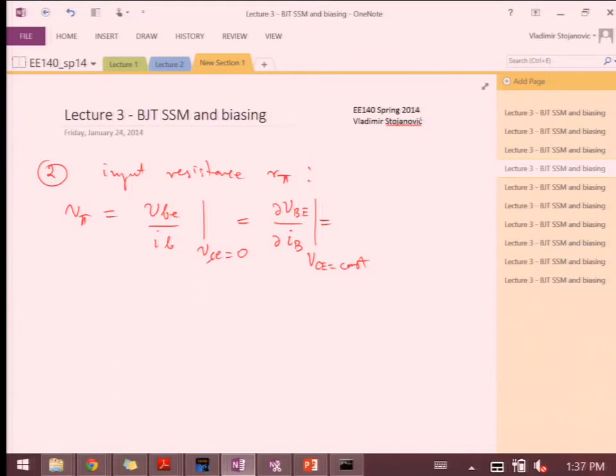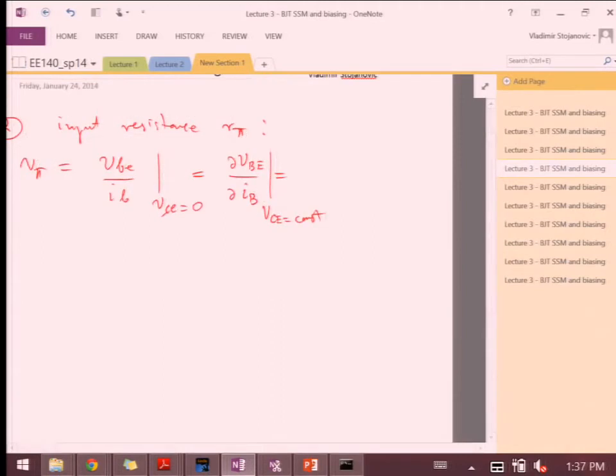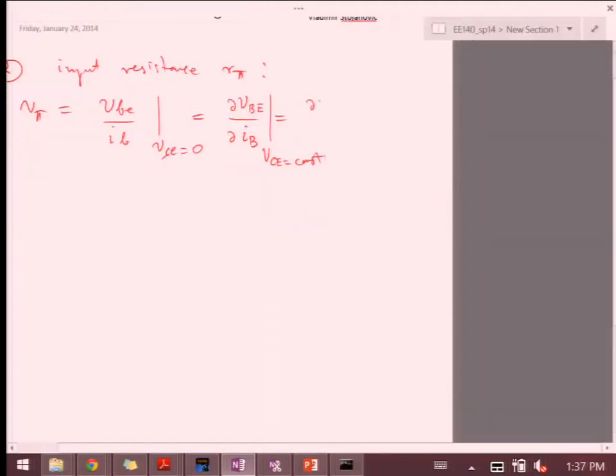Okay, so what this is going to end up being is delta VBE over IC over beta naught, and that is beta naught over GM.